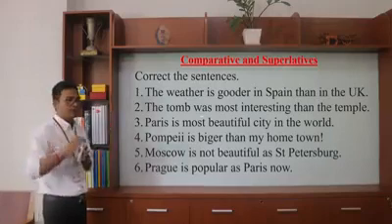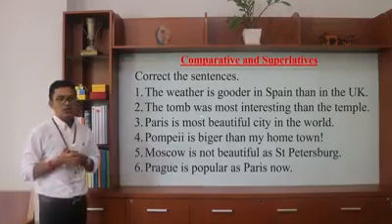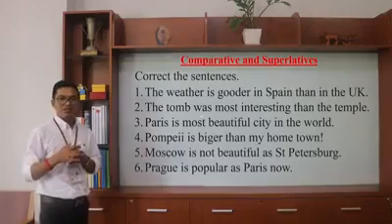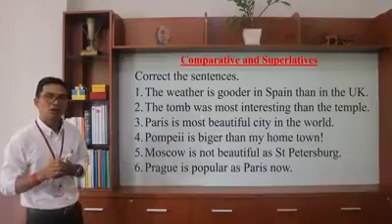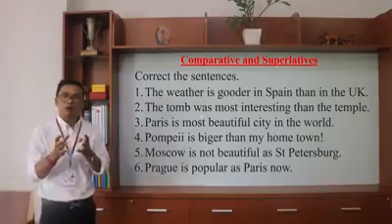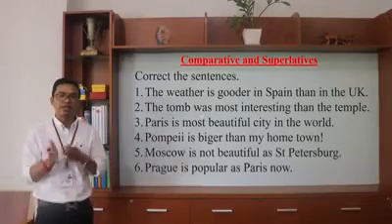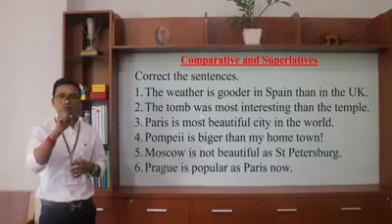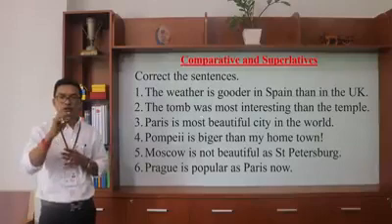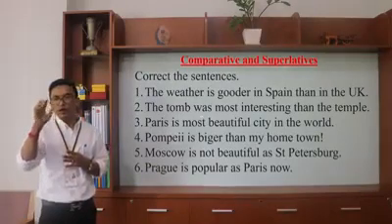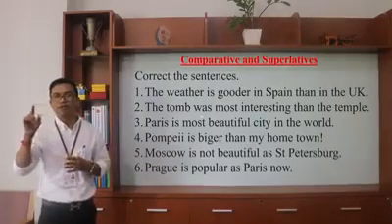And then number 4, Pompeii is bigger than. You see, bigger. Do you still remember the rule of adding er or est? When there is a one syllable adjective, and you want to use it in comparative with er or est, you have to double the final consonant.